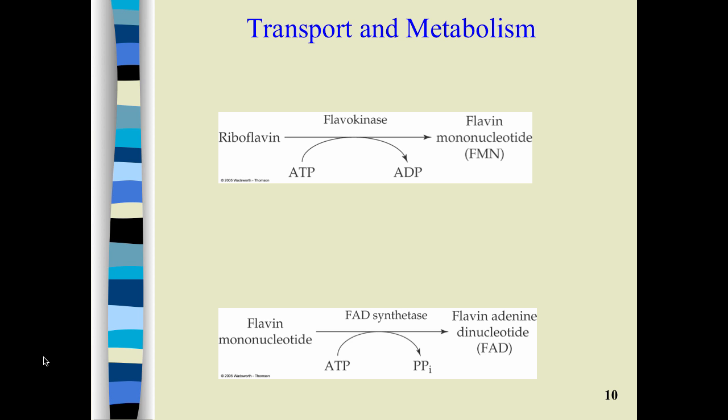Now, if a cell releases riboflavin into the blood, it's usually bound to proteins as it does that. So in the blood, it's mostly riboflavin, not coenzyme.